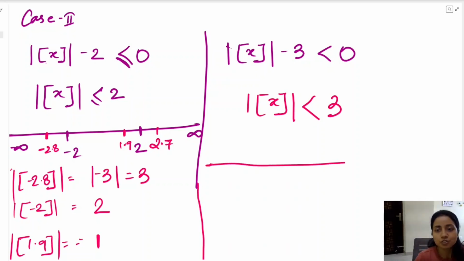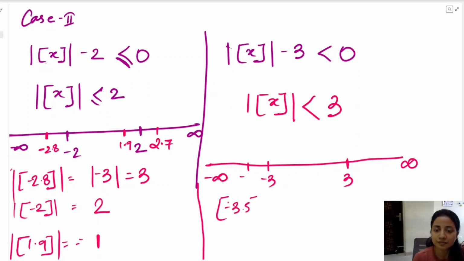So here as well, let's draw the real line. If we take a number, let's say minus 3.5, this will give the answer as 4, which is not smaller than 3.